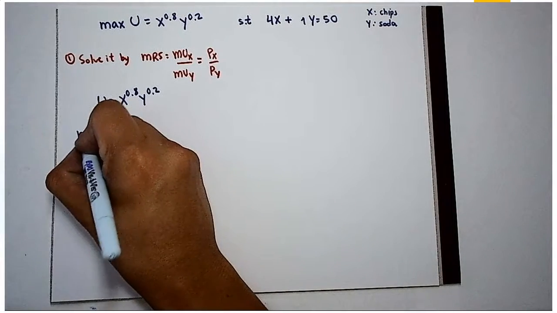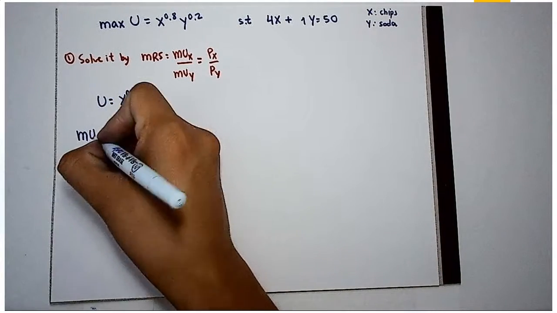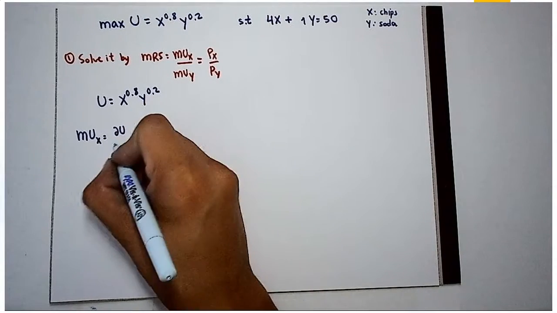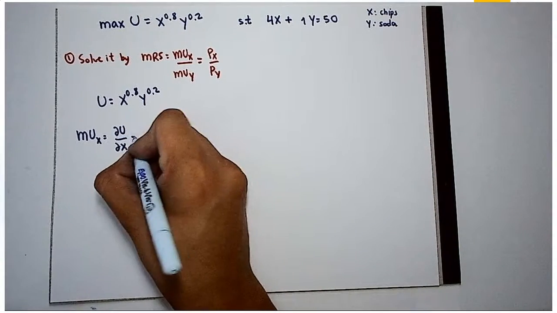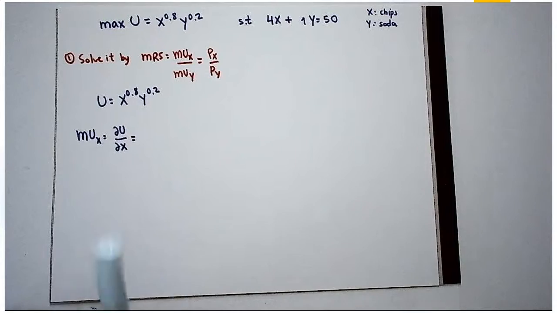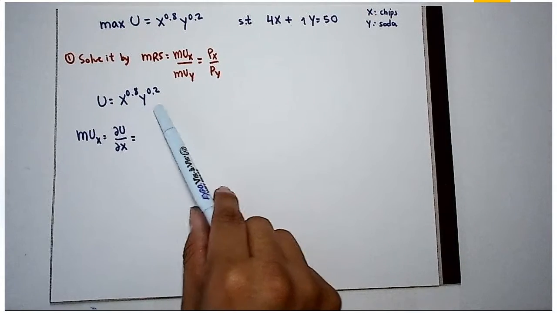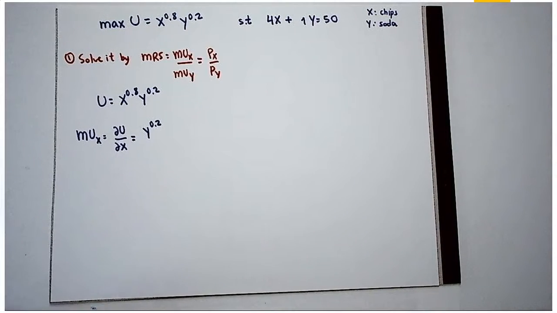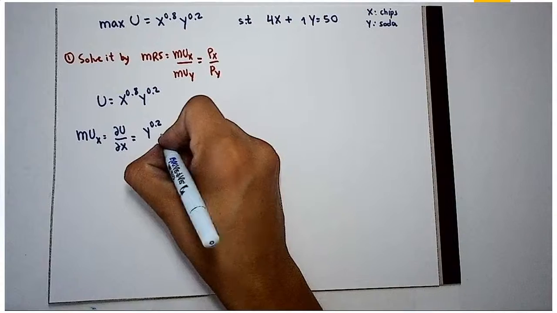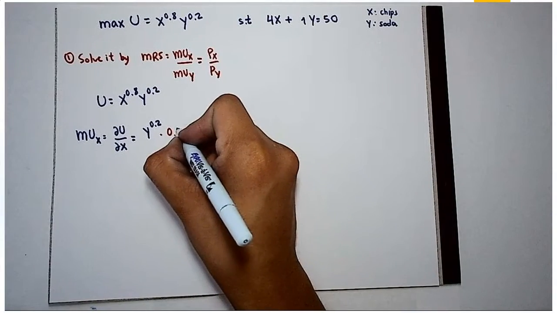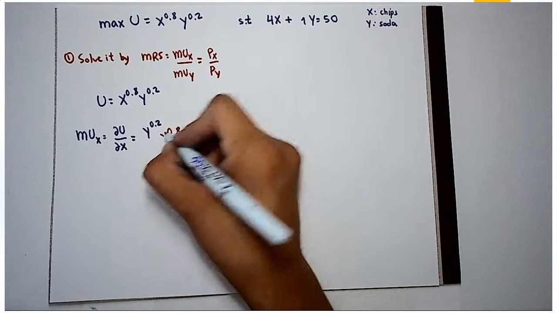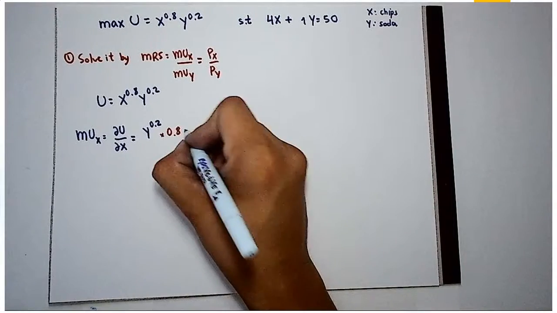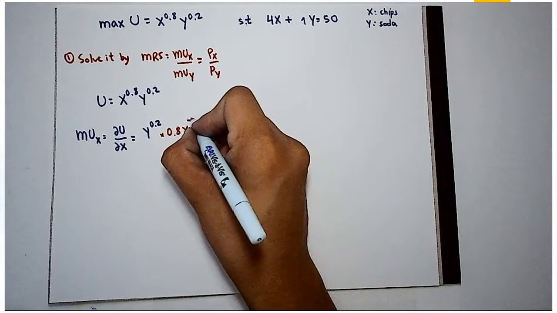To obtain the marginal utility with respect to x, we simply take the derivative of the utility with respect to x. Here the constant part will be y to the 0.2, and then we take the derivative of x to the 0.8 with respect to x. So this is 0.8 times x to the minus 0.2.